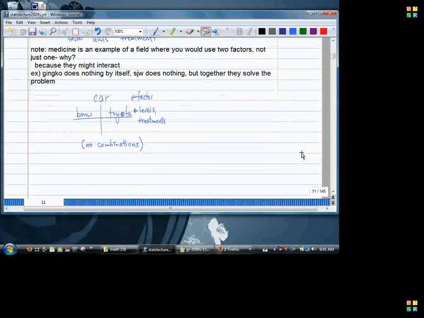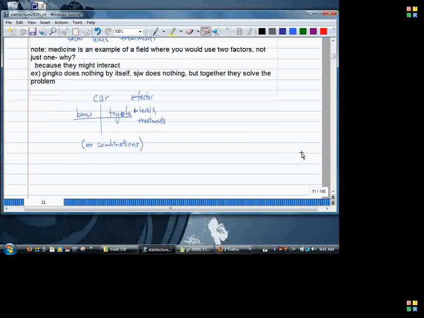Alright, so any questions about this? Okay. So what we're going to do right now is I would like you guys to once again group up, say groups of probably about 4 or so, and I would like you to design your own experiment.